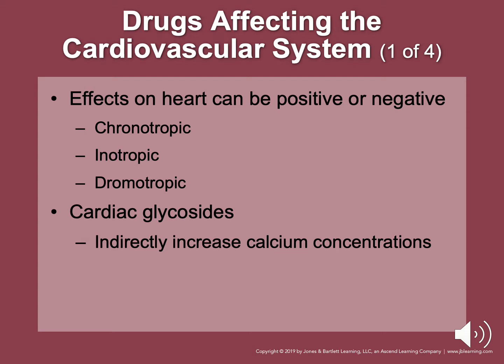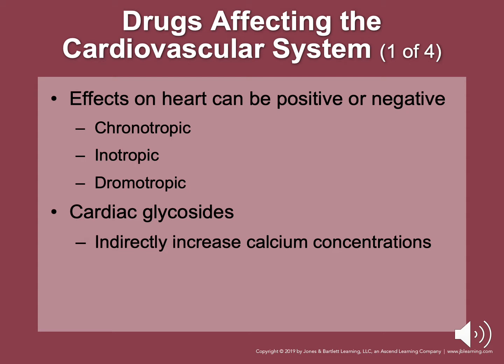All side effects can be positive or negative. Cardiac glycosides are derived from plants and block certain ionic pumps in cell membranes, which indirectly increases calcium concentration. They do have a lot of side effects.